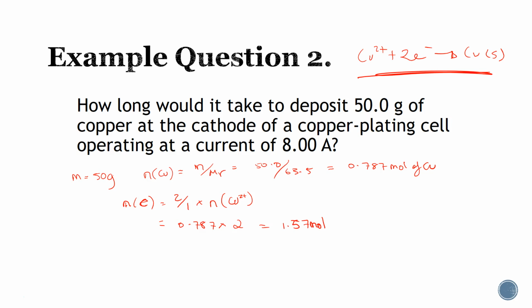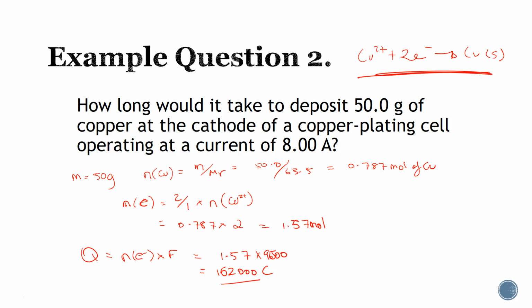If Q is equal to n of electrons times Faraday, then I'm going to have 1.57 mole of electrons multiplied by the charge on 1 mole of electrons, which is a Faraday, which is going to equal 152,000 coulombs.